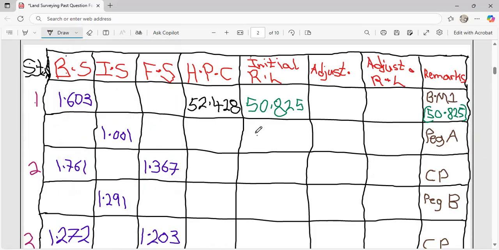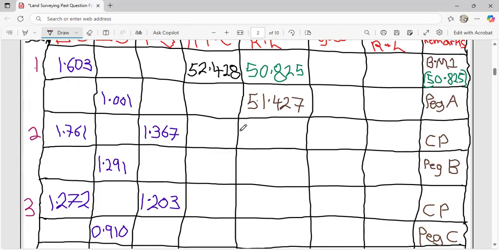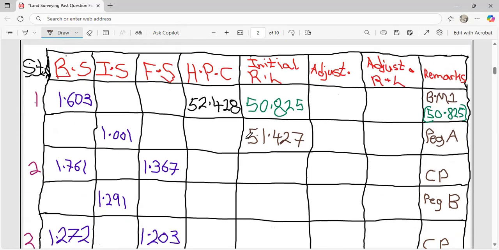And that is what? 51.427. Okay. We said that anywhere there is a backside, there is a new HPC.